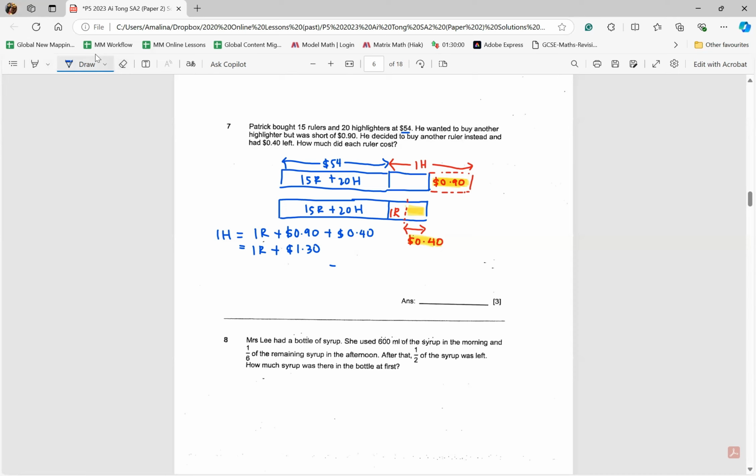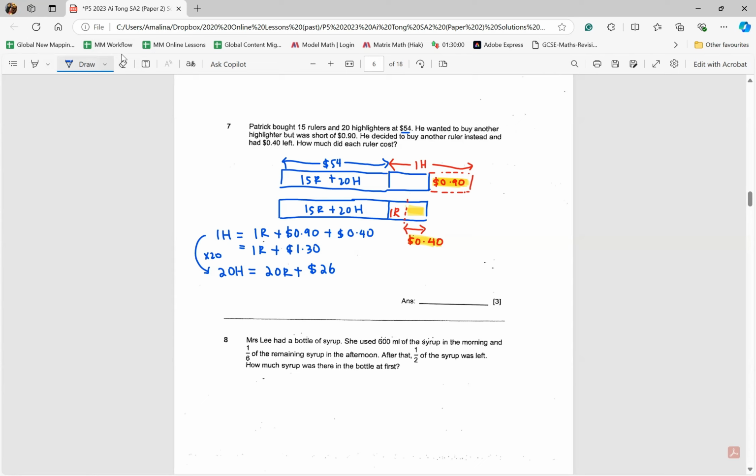You have 20H, I'm going to change in terms of R. So 20H would be 20R, and then your $1.30 multiplied by 20. Okay, so 130 times 20, you can use a calculator, you get $26. You're multiplying this by 20. Same for this side, times by 20.